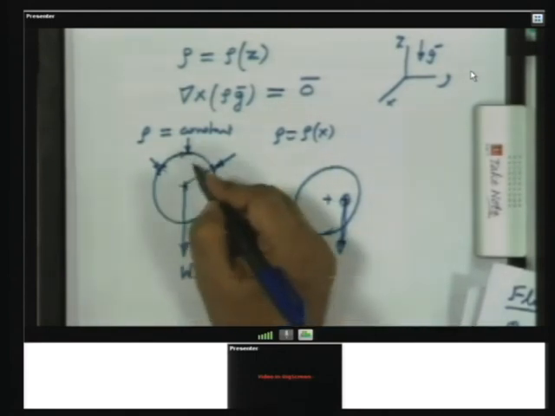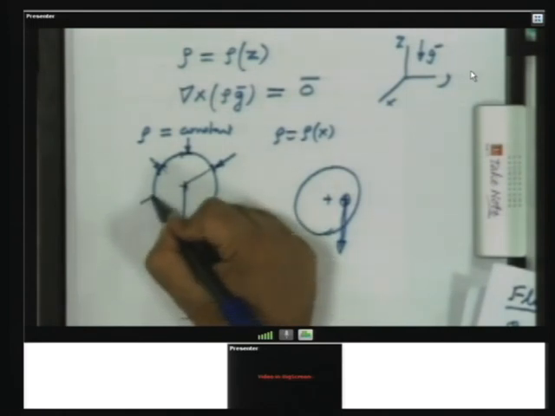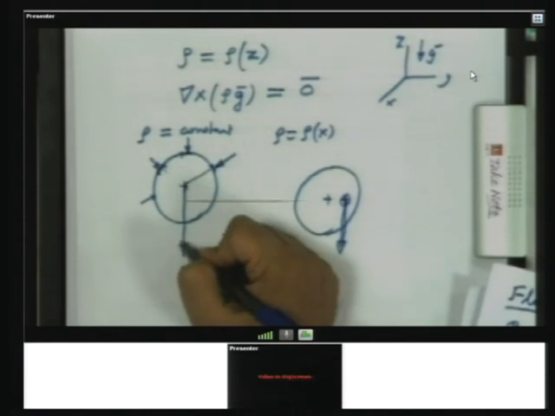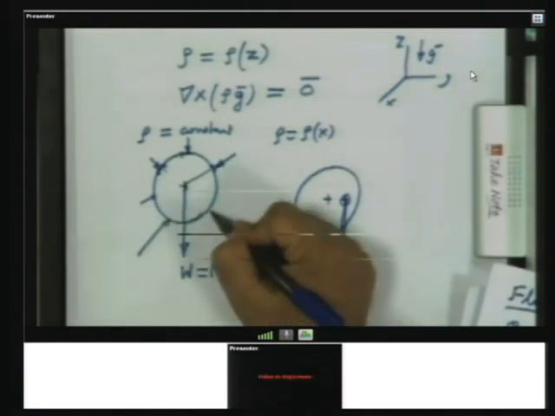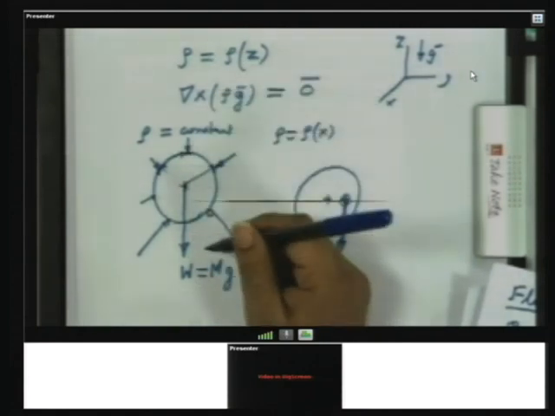Now, if you go back here, we said the moment of these forces are 0, but the resultant need not be 0. We know that the pressure force below is larger than the pressure above, because as you go downwards in a hydrostatic fluid, the pressure increases.